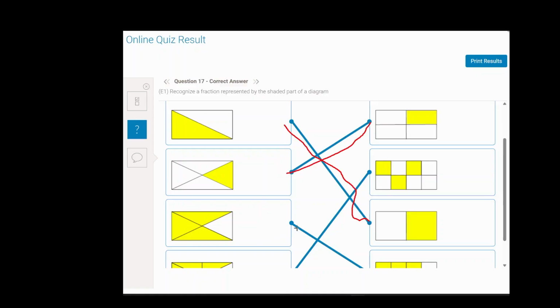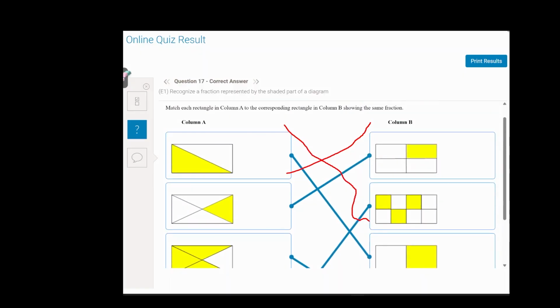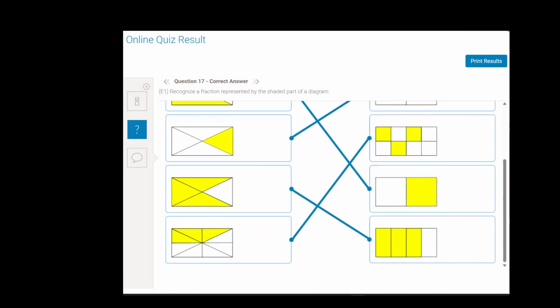It's this. Three out of 4, and 3 out of 8.